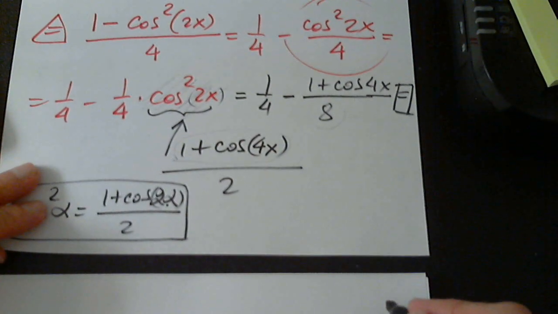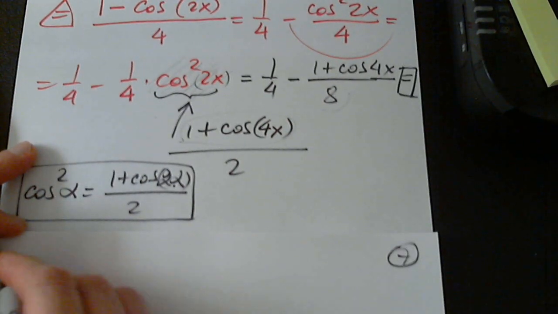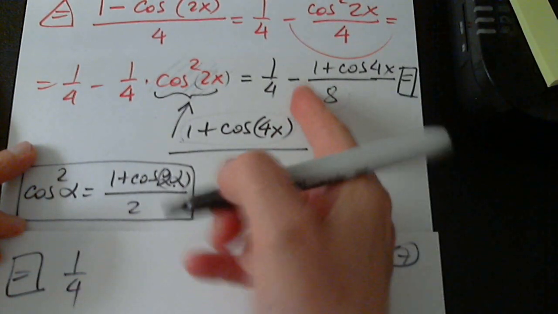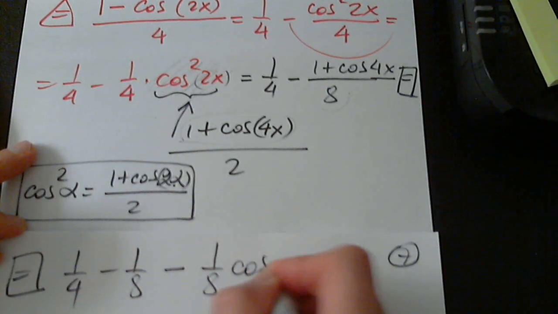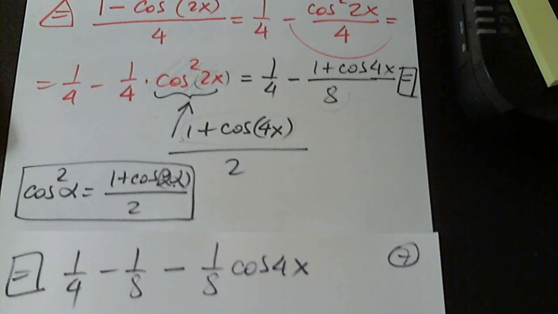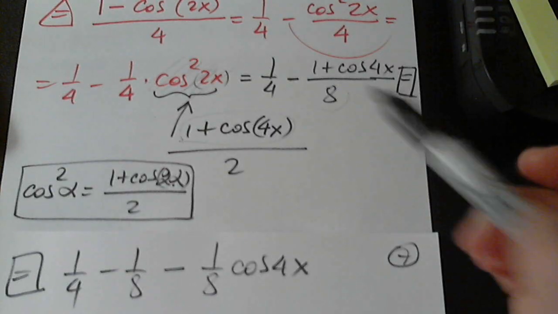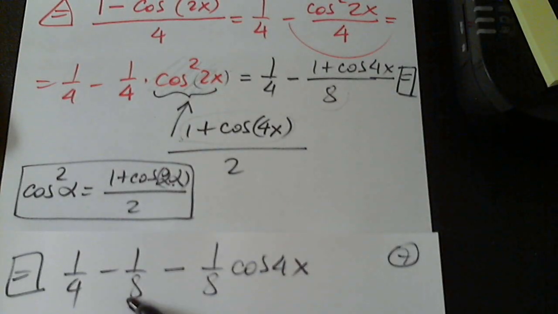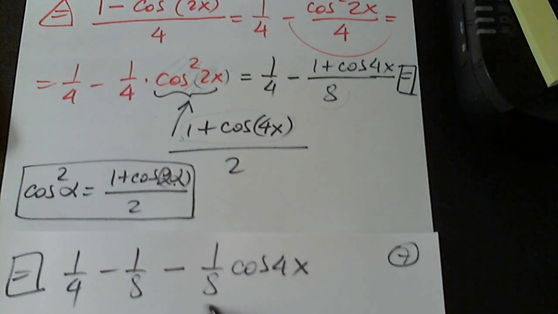So now we have 1 over 4 in front, minus 1 over 8, minus 1 over 8 cosine 4x. I separate this fraction now into two pieces: minus 1 over 8 minus cosine 4x over 8, or minus 1 over 8 cosine 4x.